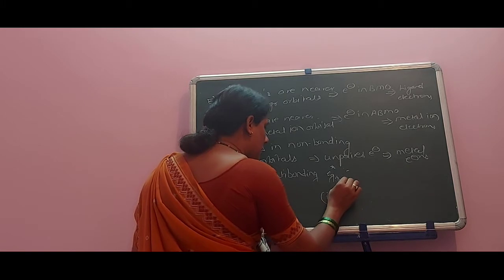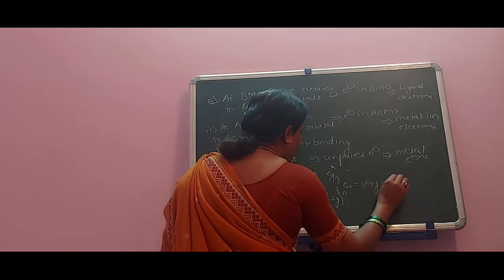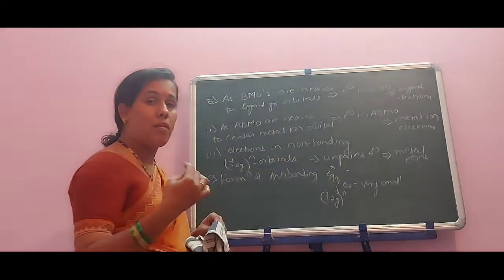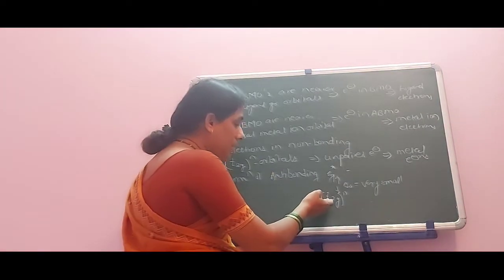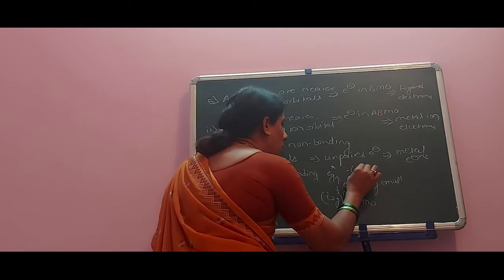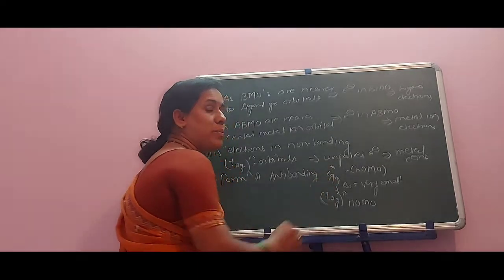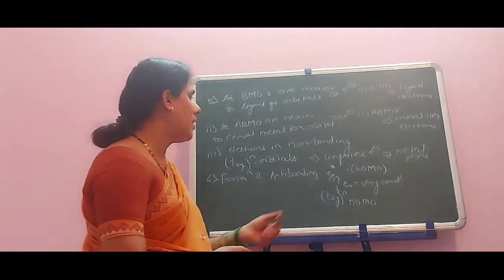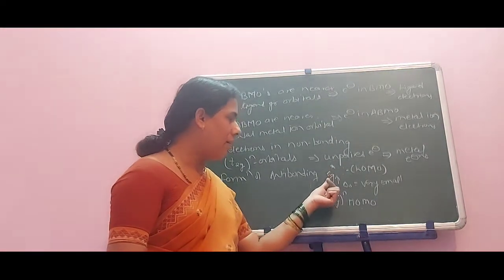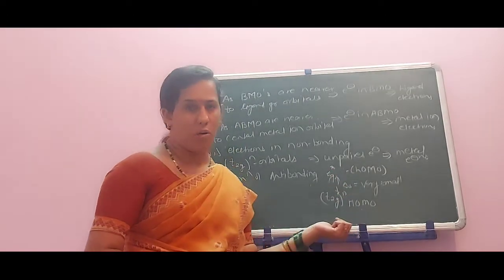This difference, delta 0, is very small. Therefore, promotion of an electron from the highest occupied molecular orbital to the lowest unoccupied molecular orbital can take place easily, so the electron transition can take place from t2g n to eg star orbitals.